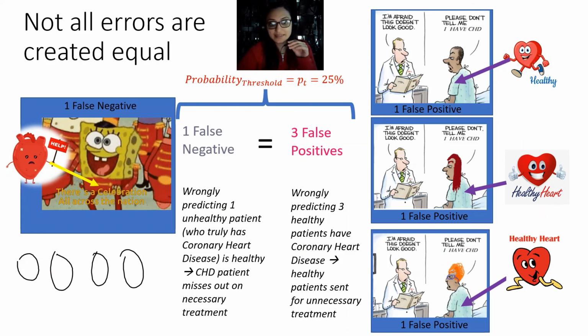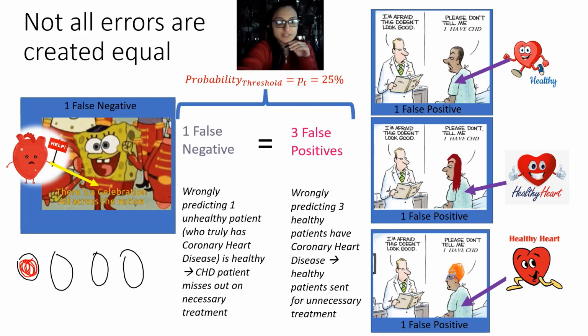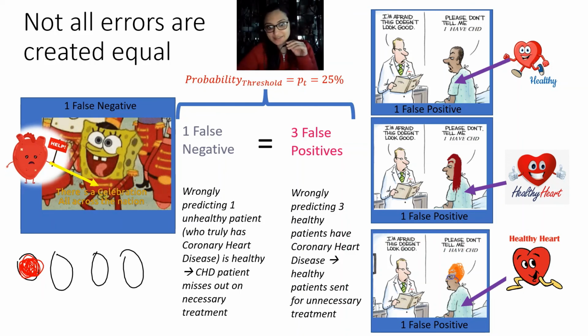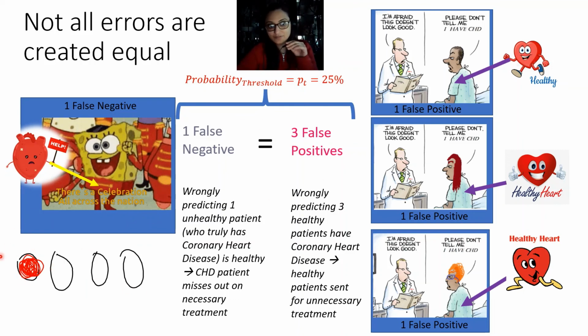And it's like the idea that even if you have at least a 1 in 4 chance of having it, you still want to go for treatment. So it's like the other outcomes are the false positives, and this is a false negative, and 1 false negative is equal to 3 false positives in the calculation, because 25% is 1 out of 4.